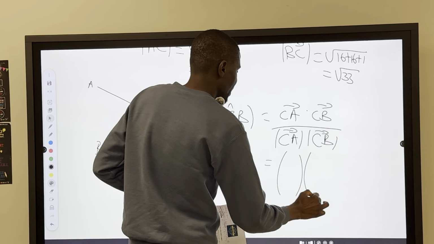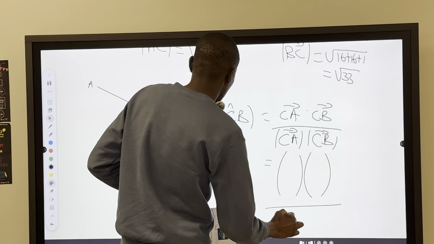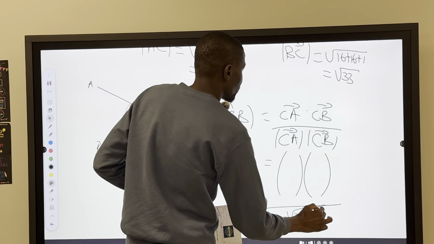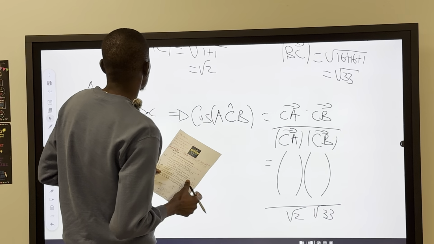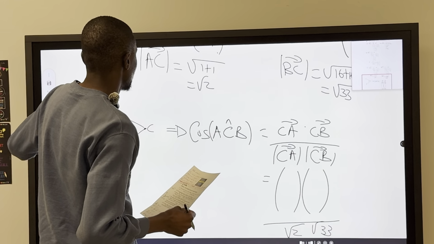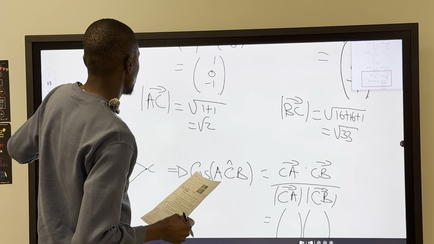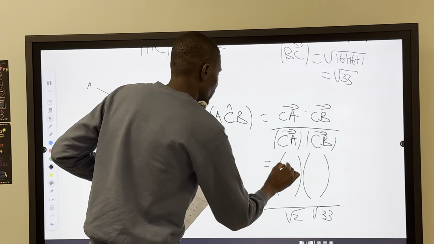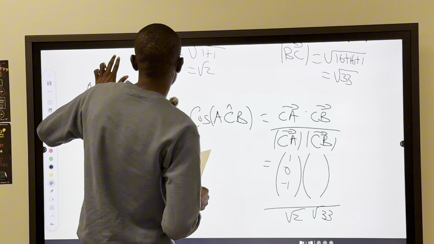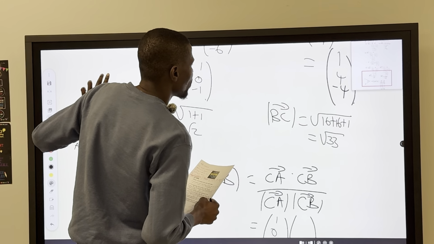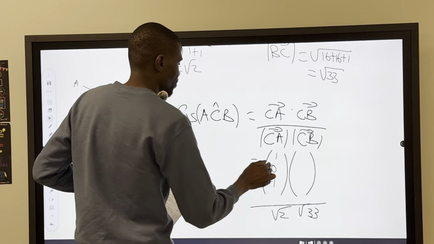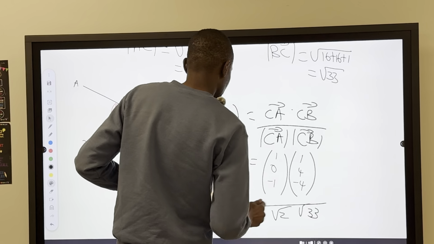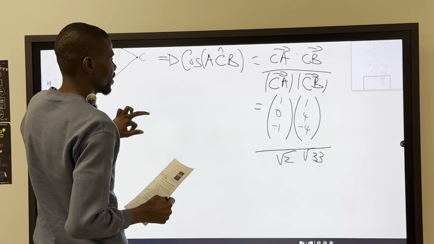So our CA over root of 2, root of 33. Our CA here was (1, 0, -1), then our CB is (1, 4, -4).